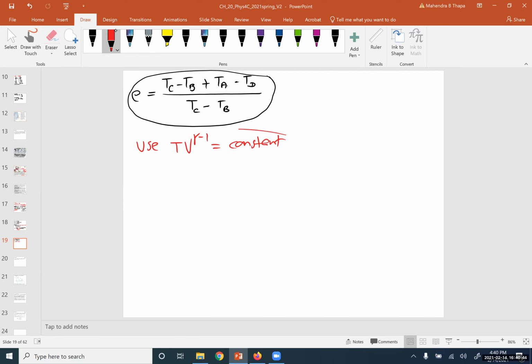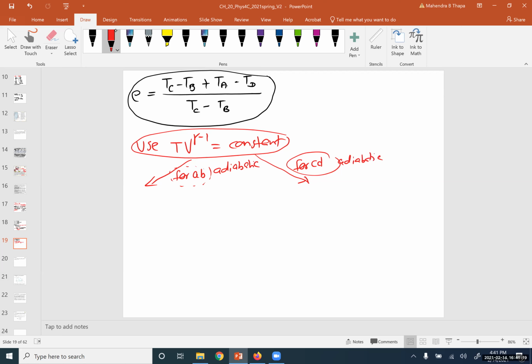We can use this for AB, because AB is an adiabatic process. Similarly, we can use the same equation for CD, because this is also an adiabatic process.